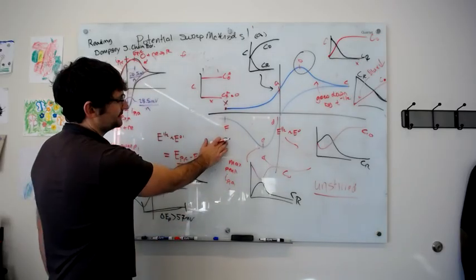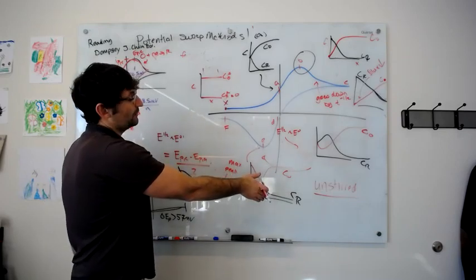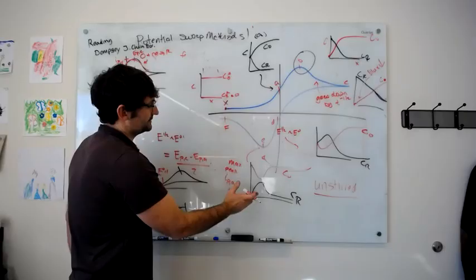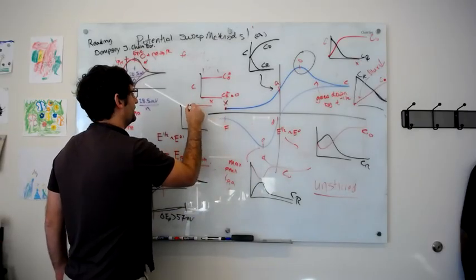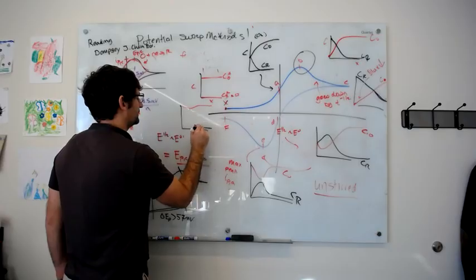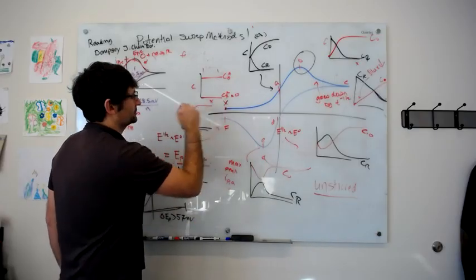And then at time t_f, these humps start to go away as the current goes back to 0. These humps start to go away as you go back to your initial condition.